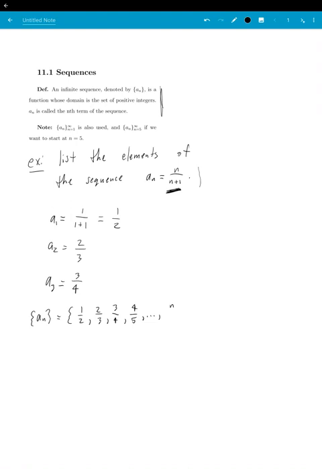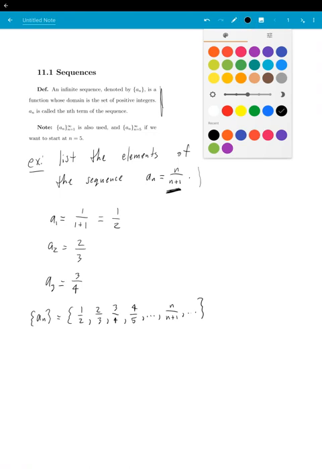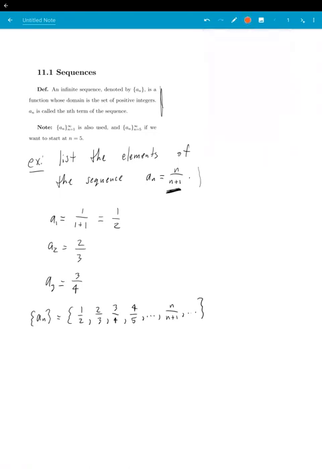And we can put what's called the general term like that. So I think of a sequence as a set of real numbers in a particular order. We have the n equals 1 term, the n equals 2 term, the n equals 3 term, the n equals 4 term, and we list them left to right.